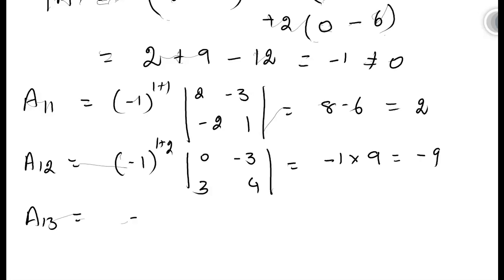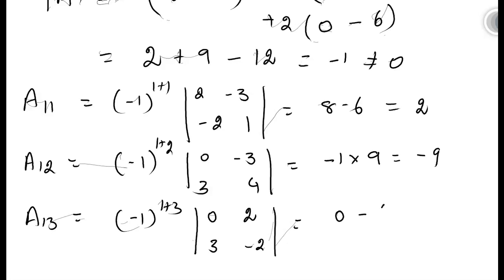A13 is equal to minus 1 to the power of 1 plus 3. Leaving the first row and the third column, you will have 0, 2, 3, minus 2, which is equal to 0 minus of minus 6, which is equal to minus 6.